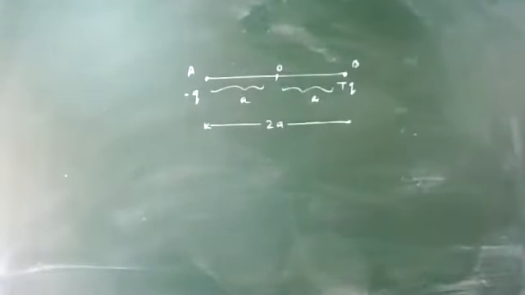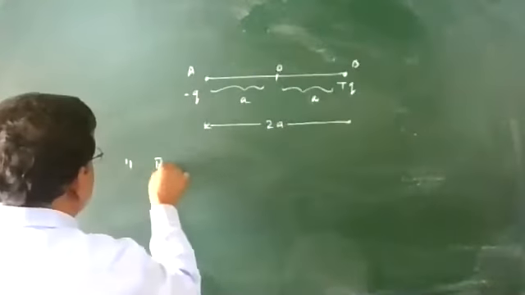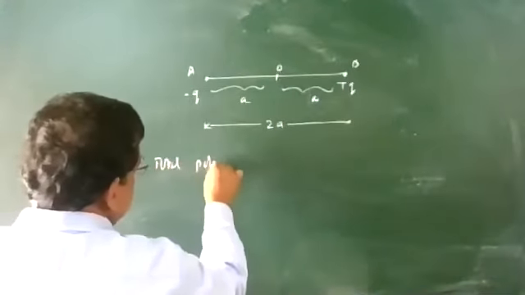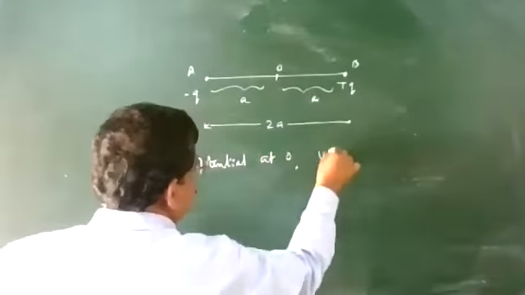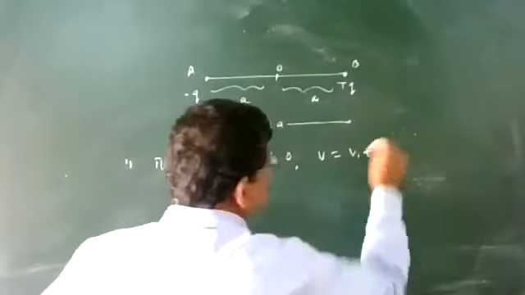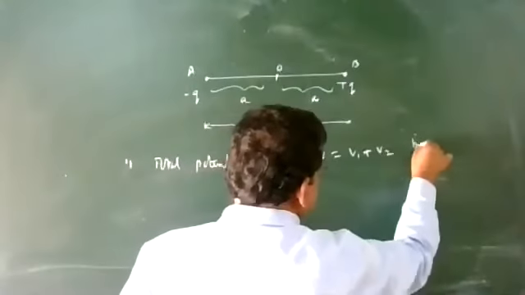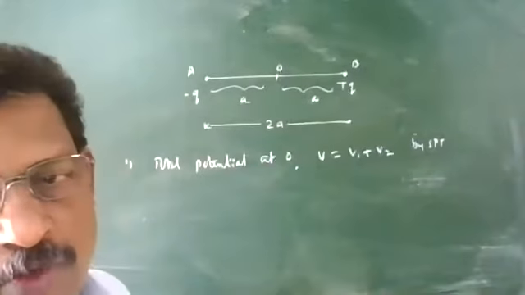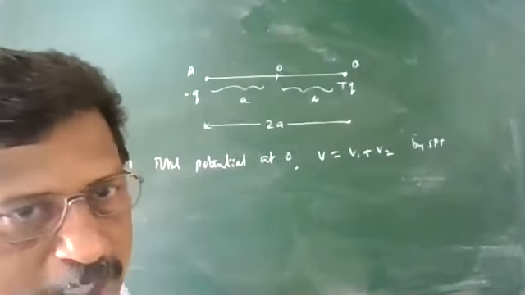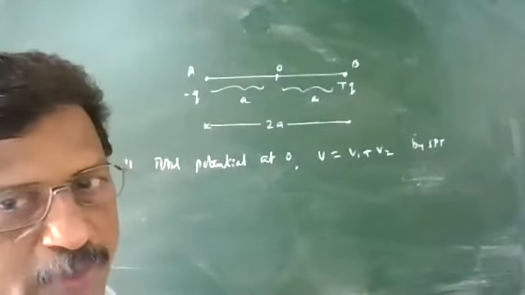So the starting is like this. First point, total potential. Total potential at O equal to V1 plus V2 by superposition. Because we have only two charges, so V1 plus V2. So what is V1, by the first charge? What is V2, by the second charge?